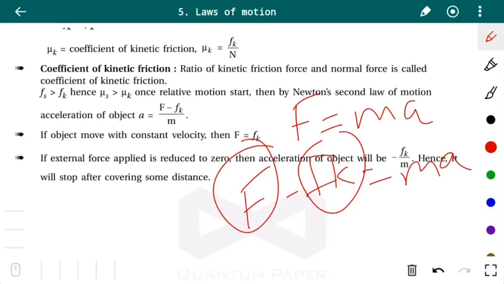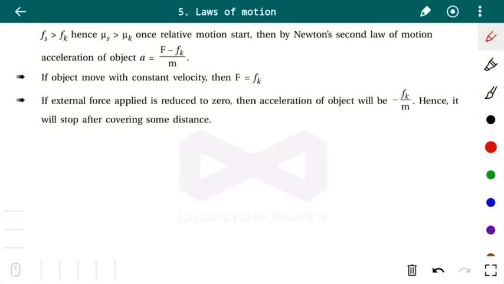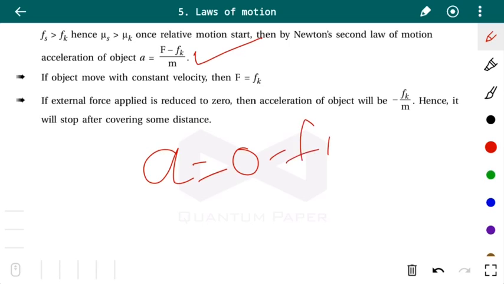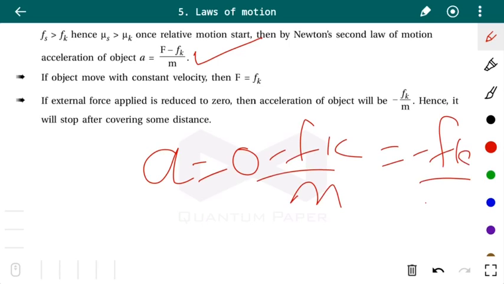If the object moves with constant velocity, then F is equal to Fk. If the external force applied is reduced to 0, then the acceleration of the object will be minus Fk by m. Hence, it will stop after covering some distance. That means in this equation, if we take the external force equal to 0, then a equals 0 minus Fk by m, that is equal to minus Fk by m.